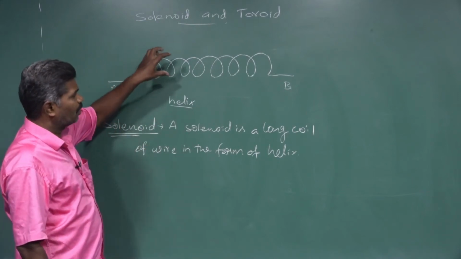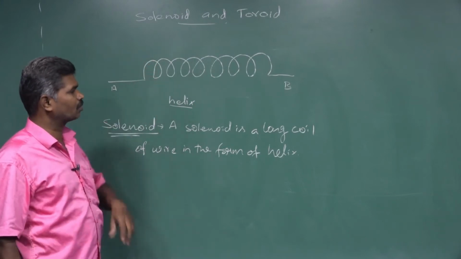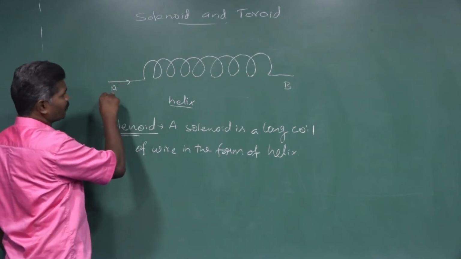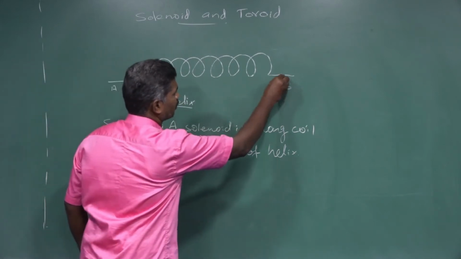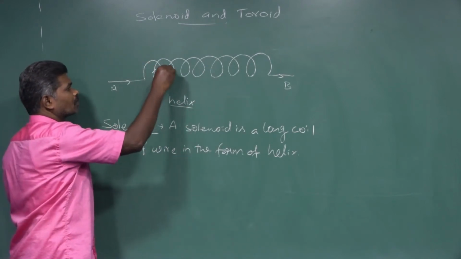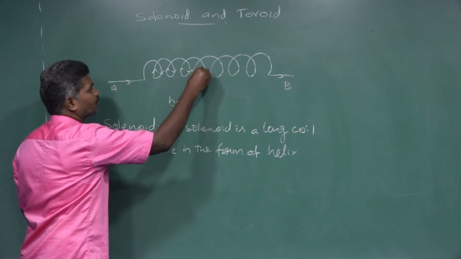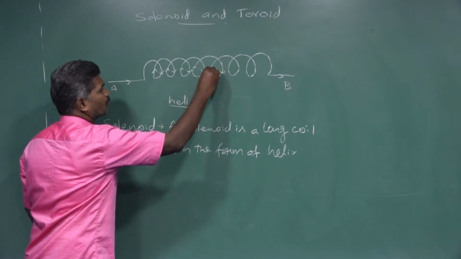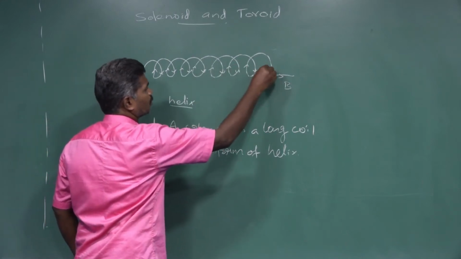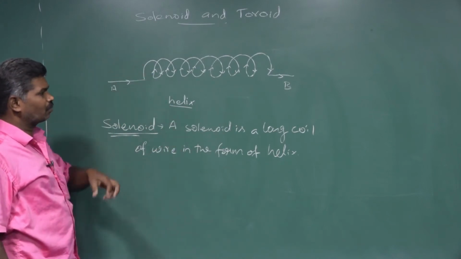But we have practically constructed that solenoid. Through that we are going to supply a current. Suppose the current flows from end A to end B. So how is the current flowing? Here we represent it.